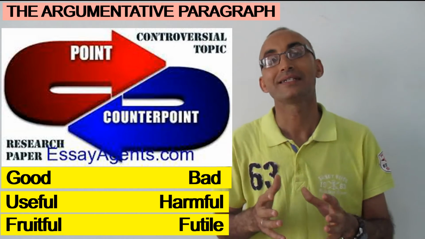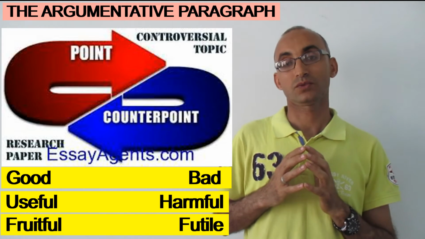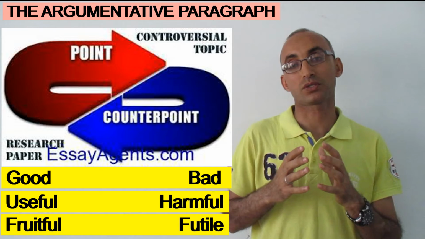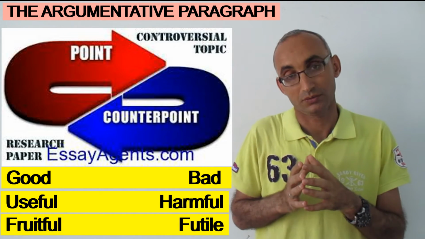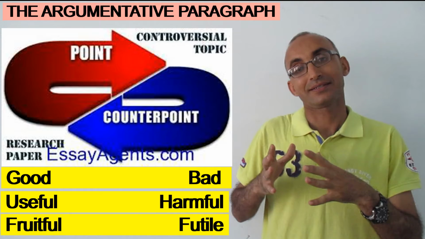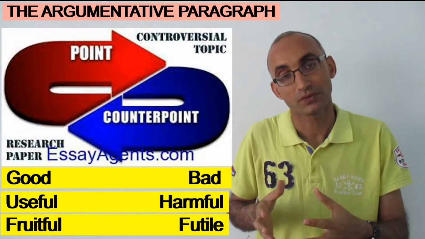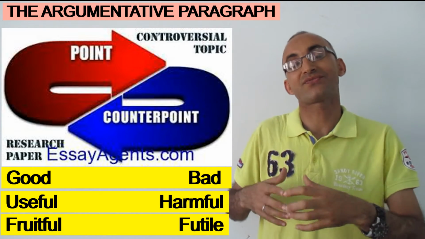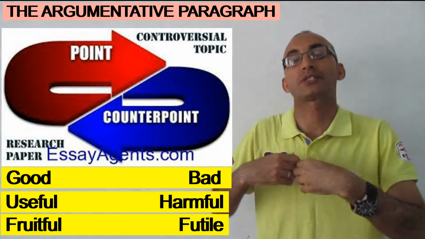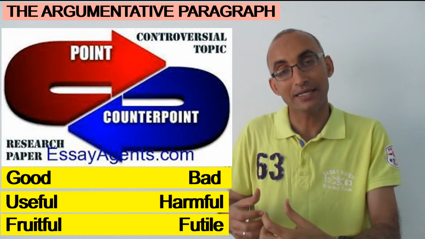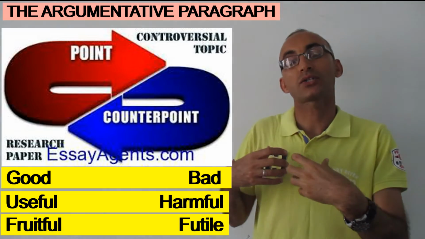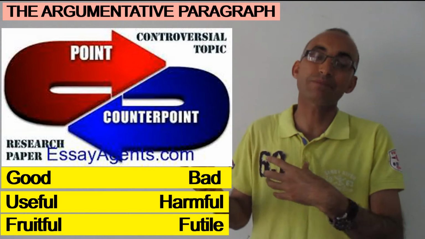So the writer is going to adopt and support one of the views and prove that this view is the right view, through the facts and the evidence he introduces to influence the reader and make him also convinced of his point of view, to make him agree with him.